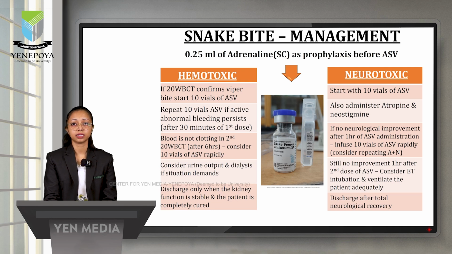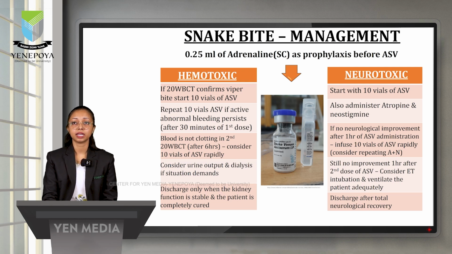On the other hand, in neurotoxic snake bite, start with 10 vials of anti-snake venom, again diluted in 100 ml of normal saline over 1 hour. Also administer atropine and neostigmine. If no neurological improvement after 1 hour of anti-snake venom administration, infuse 10 vials of anti-snake venom rapidly.